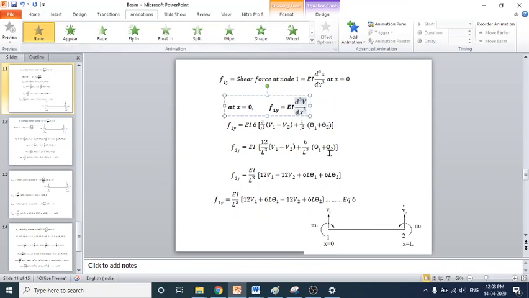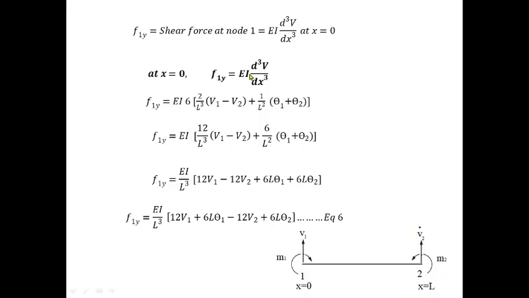D cube v here also. So at x is equal to 0, F1y is equal to EI d cube v by dx cube.